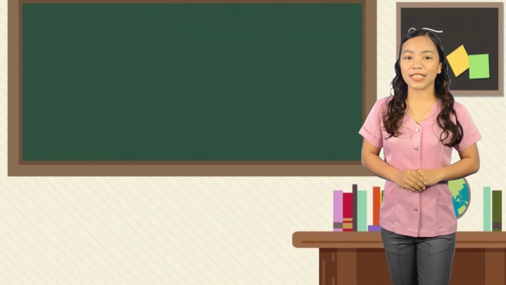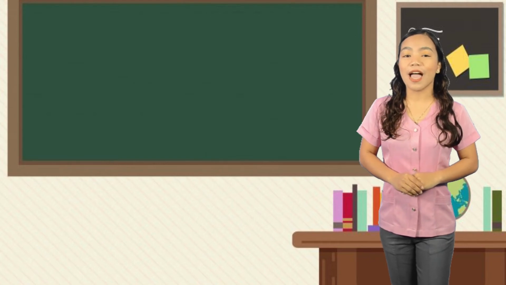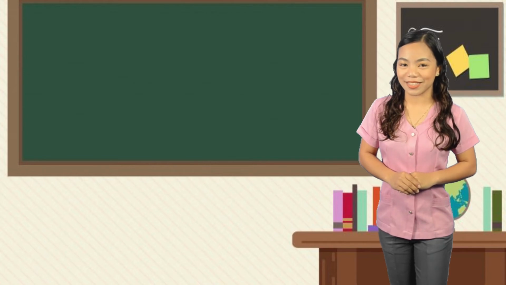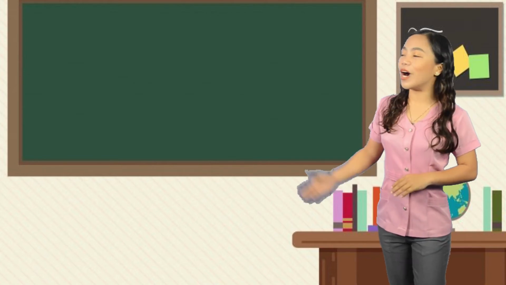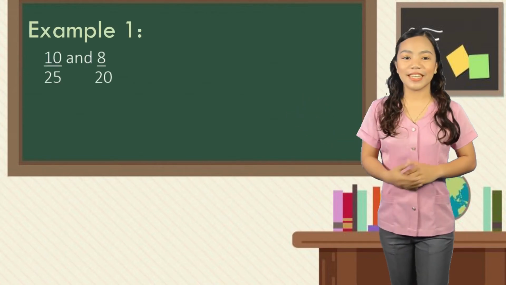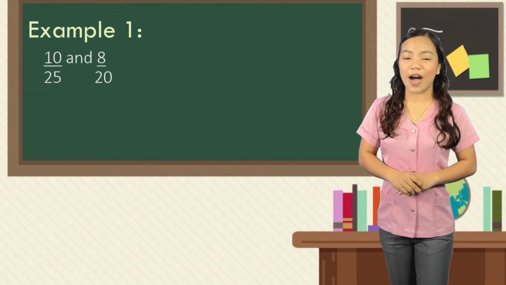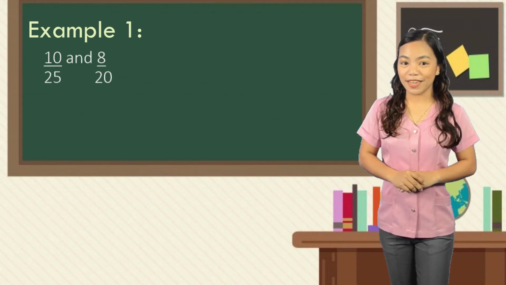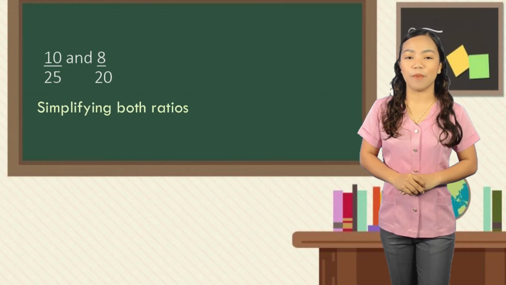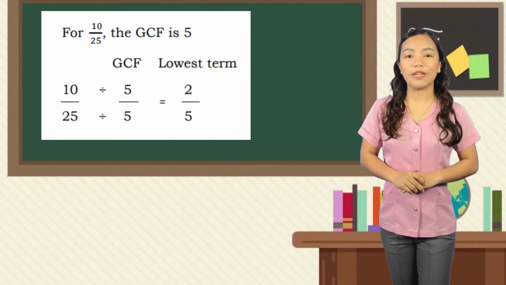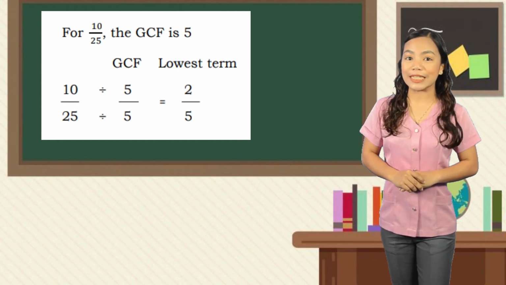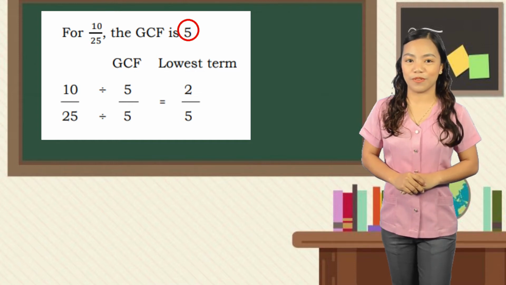Let us try some pair of ratios and find out whether they are equivalent or not. Example 1. 10/25 and 8/20. Let us begin by simplifying both ratios. For 10/25, the greatest common factor or GCF is 5.